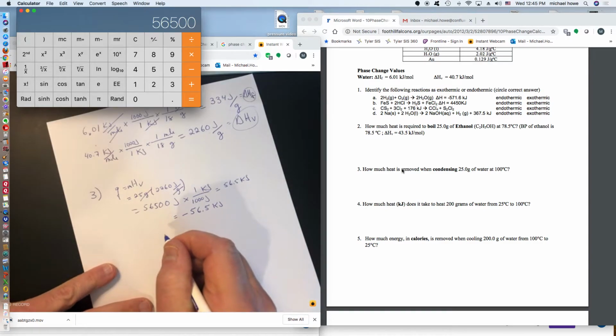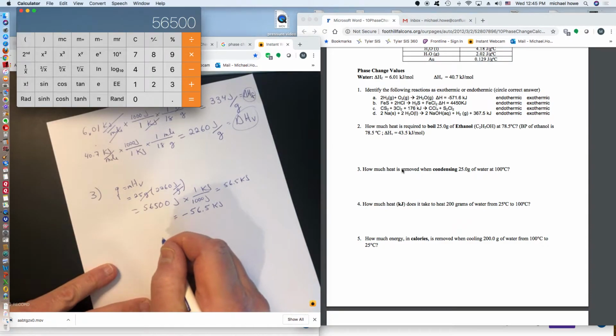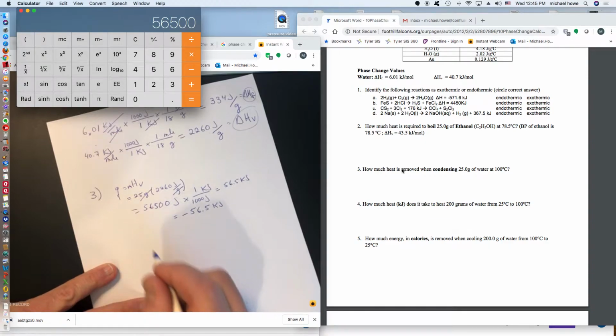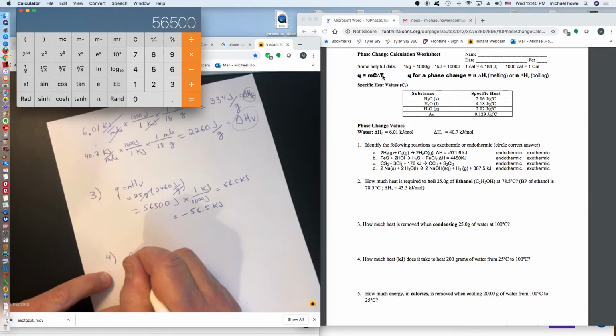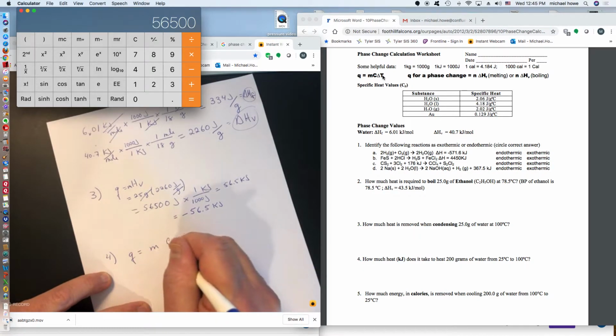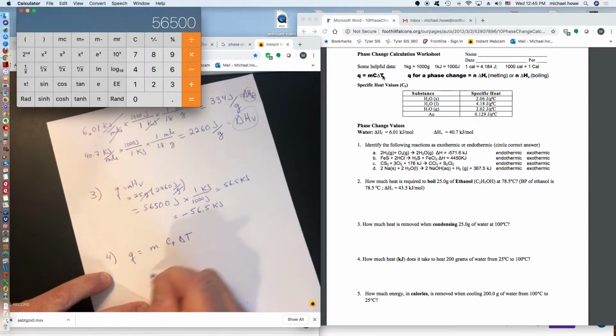All right, so we're going to have our formula that involves delta T. So if you go back up here, it's this formula. So number 4, Q is equal to M Cp delta T. We know that our mass is 200 grams.